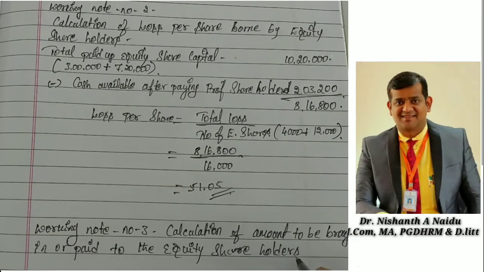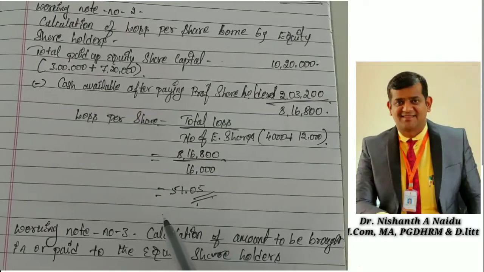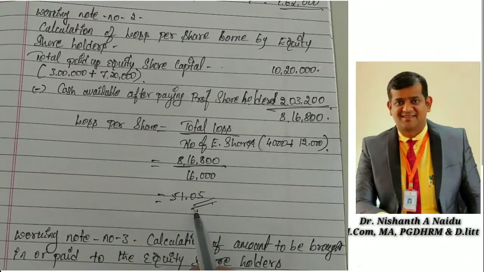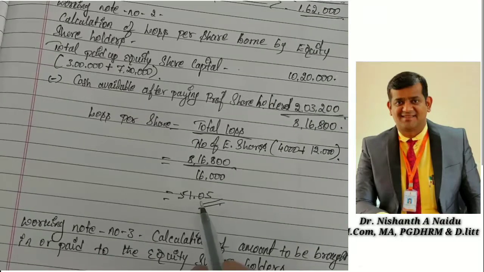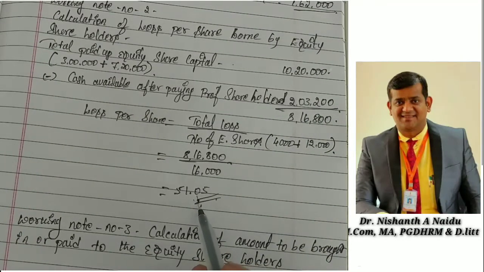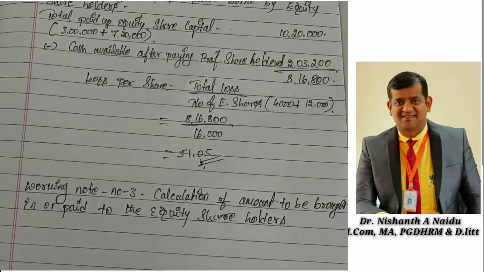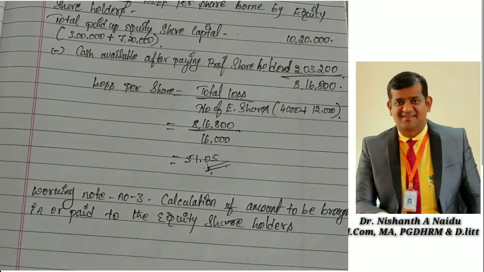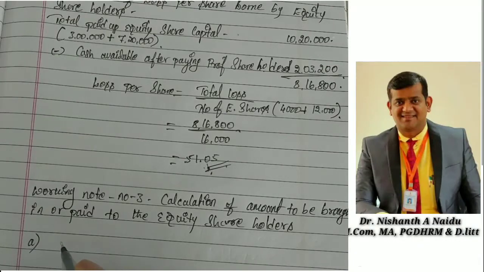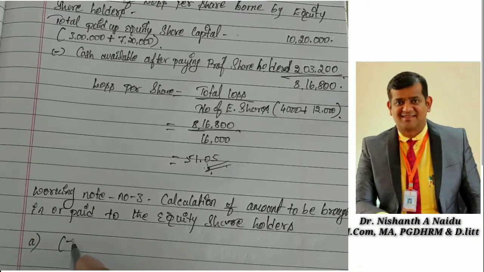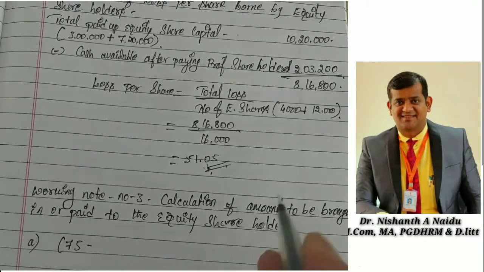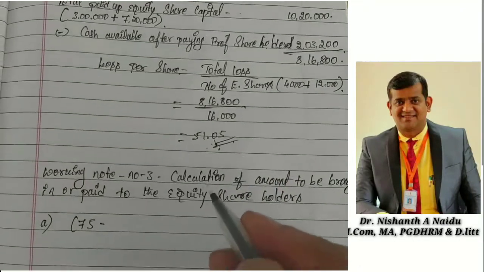Check, loss is 51 rupees 05 paise. If any shareholder pays less than this, then they have to pay to the company. If they have paid more than this, the company will pay them. Now let us check the 4,000 equity shares of rupees 75 paid. There are 4,000 shareholders who have paid 75 rupees. So let us calculate 75 minus 51.05.